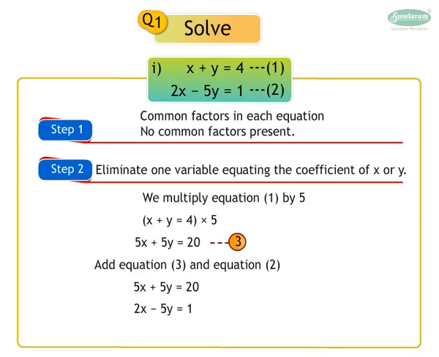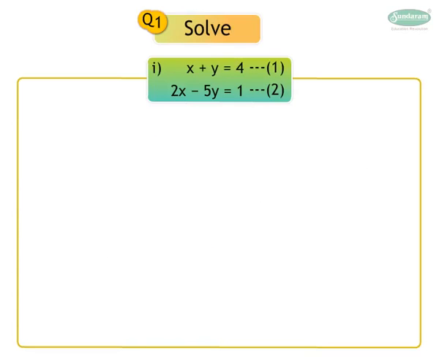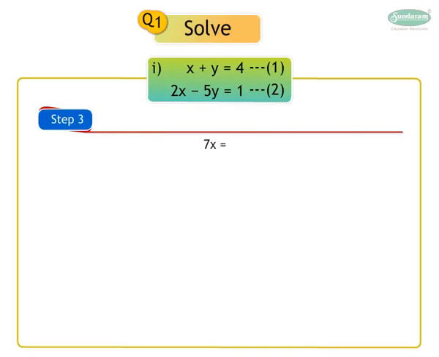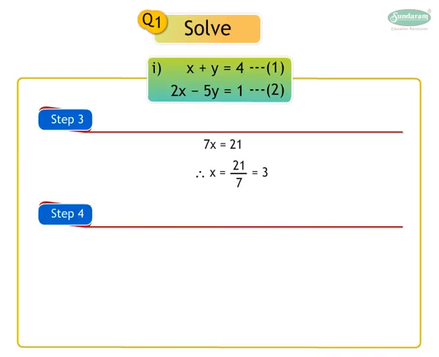Hence, 5y is eliminated. We get 7x is equal to 21. Now we continue to solve this linear equation in one variable. Step 3. We solve for x and get the value of x is equal to 21 upon 7 is equal to 3. Step 4.